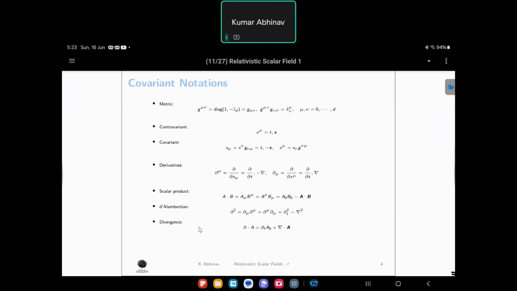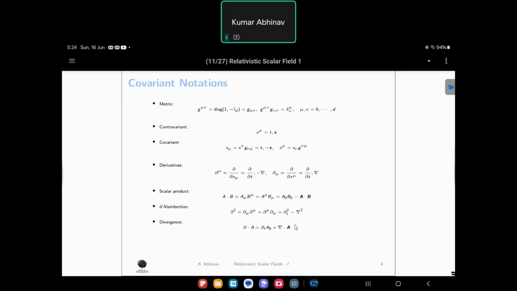But the divergence of any 4 vector A does not have this minus sign. It is the time derivative of the time component plus the divergence of the space component of the 4 vector.